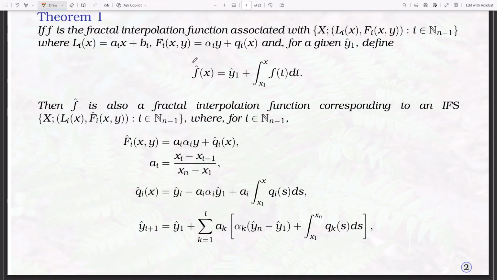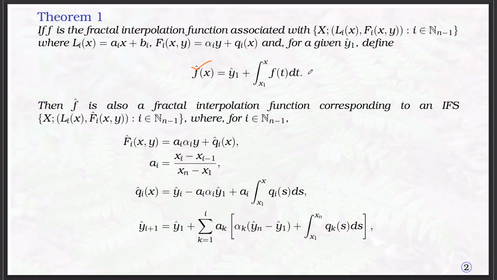Then if you define the f cap like this, then this f cap is also a fractal interpolation function corresponding to an IFS, where i belongs to 1 to n minus 1. There is no change in the Li of x, there is a change in Fi cap only.